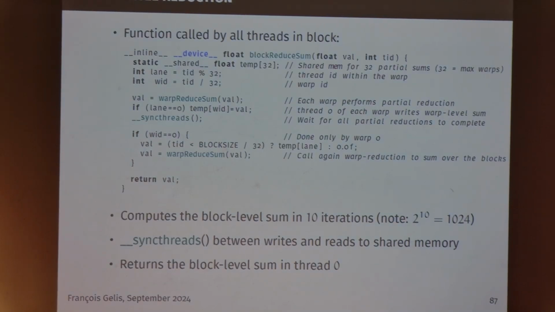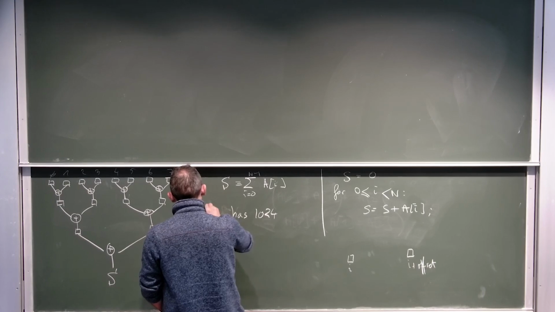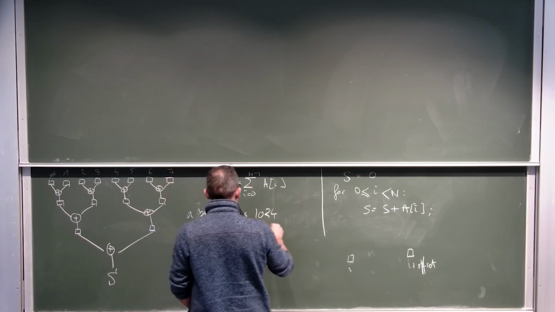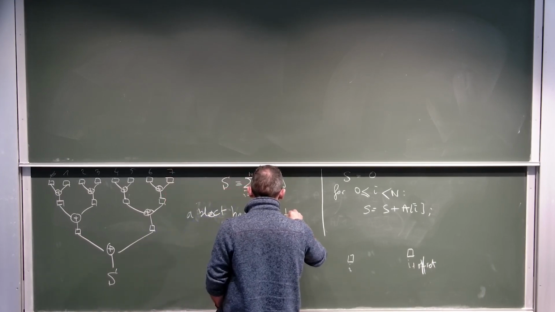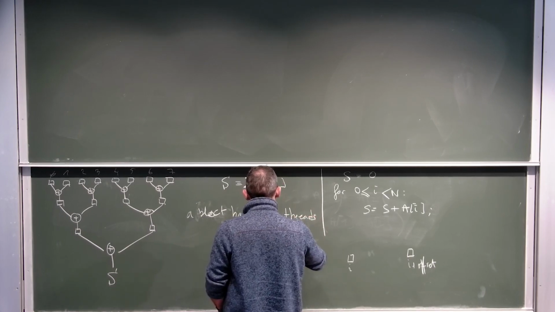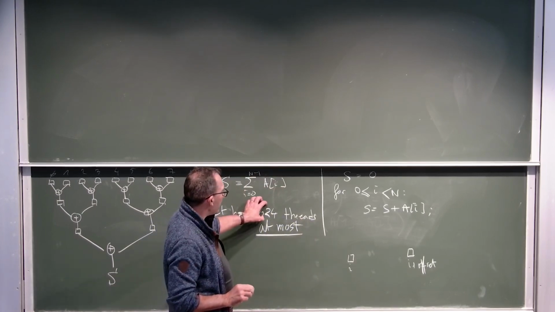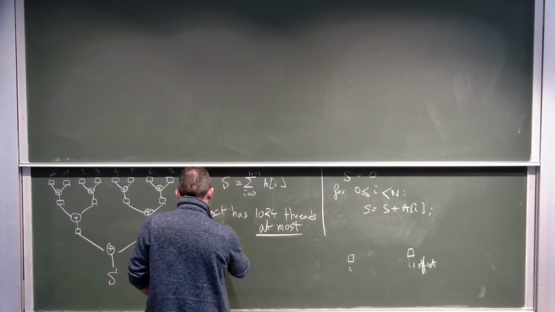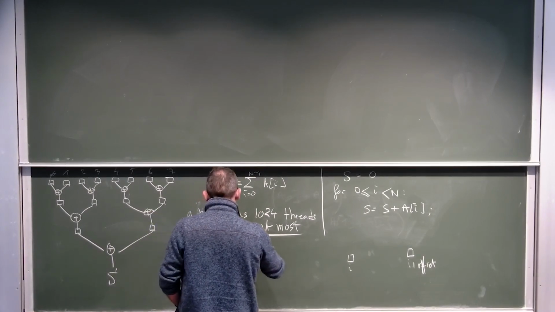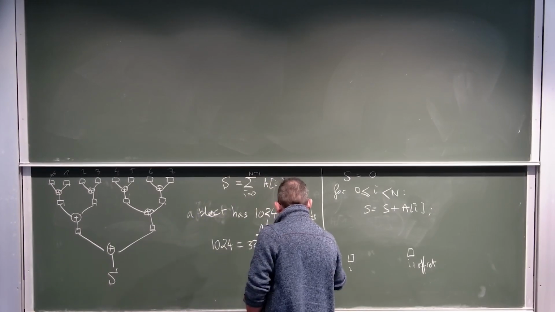A block has 1024 threads at most. This is a limit of CUDA, so there cannot be more than 1024 threads in a block, and 1024 is 32 times 32, where 32 is the size of the warp, the number of threads in the warp.